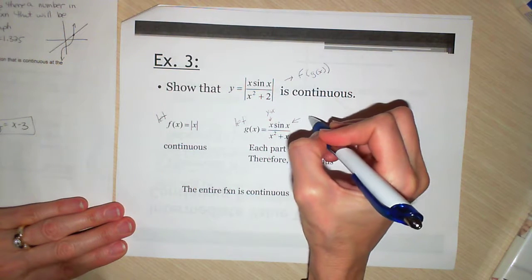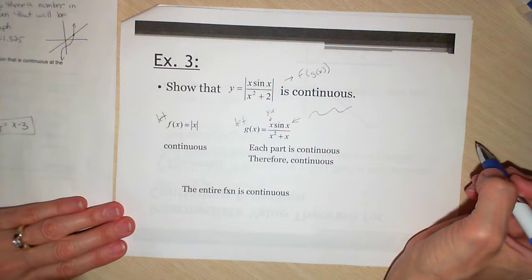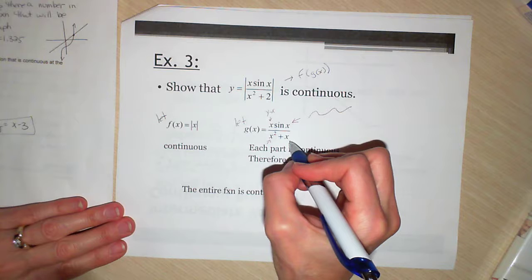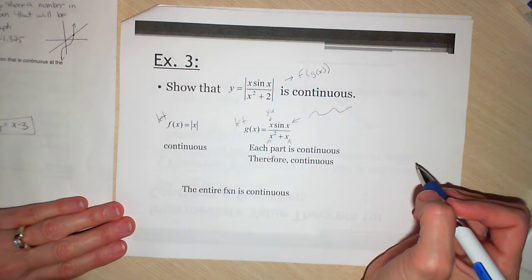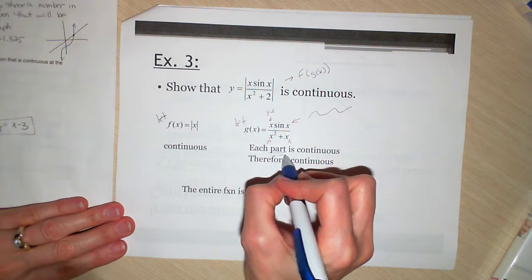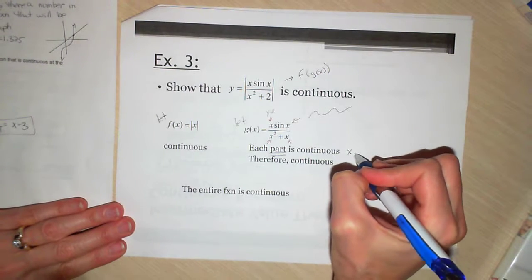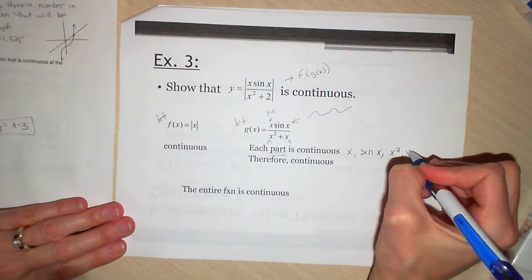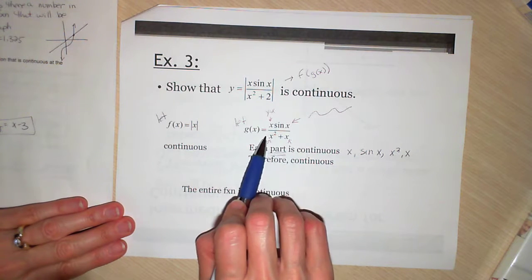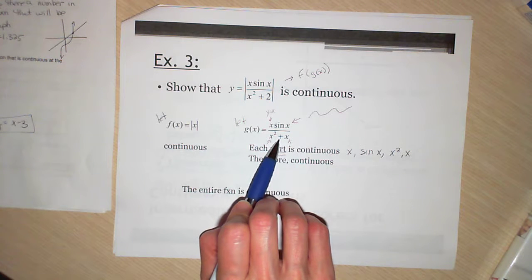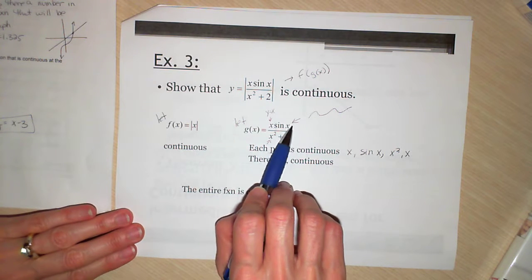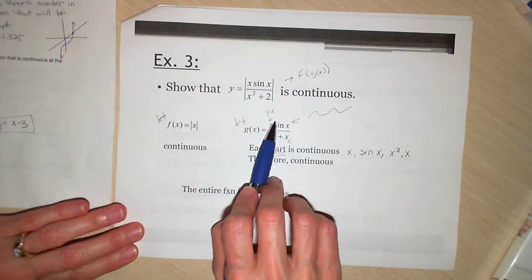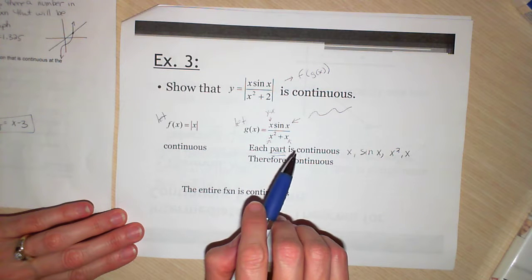Sine of x, that looks like this. We know that's continuous. X squared, that's a parabola. That function is continuous. And y equals x is continuous. So each part is continuous, right? These are the parts. X, sine of x, x squared, and x. And we have product, quotient, addition, we have a lot of the properties going on here. So each part is continuous, so by all the properties, I know the entire function g of x is continuous.